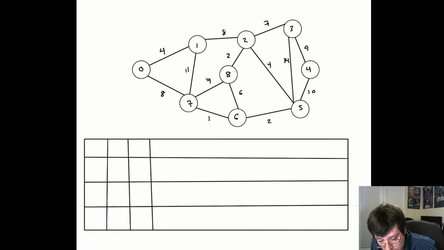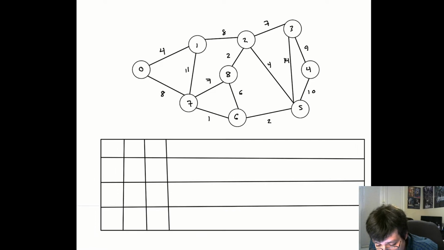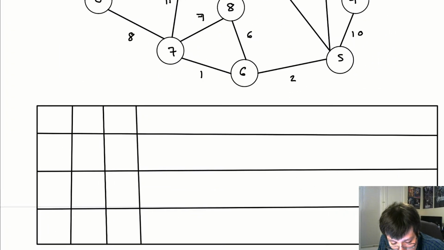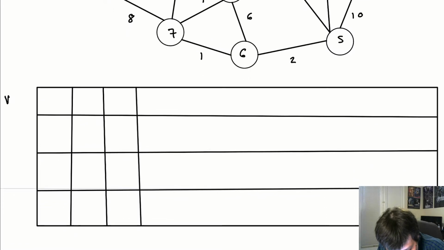And those are the vertex, the key, which is going to be that weight, the parent, and then whether a vertex is visited or not. Okay, so let's actually put those in first. So we have a vertex, we have key, we have parent, and we have whether it's visited.